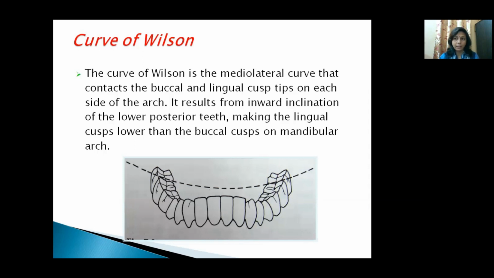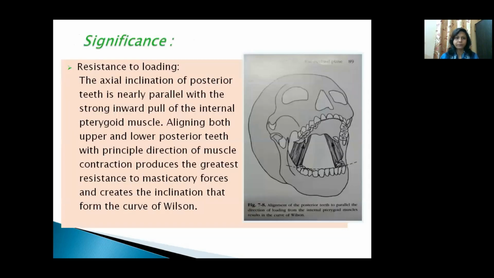It makes the teeth alignment parallel to the pull direction of the medial pterygoid muscle, and that provides optimum resistance to masticatory forces. Aligning both the upper and lower posterior teeth with the principal direction of muscle contraction produces the greatest resistance to the masticatory forces and creates the inclination that forms the curve of Wilson.